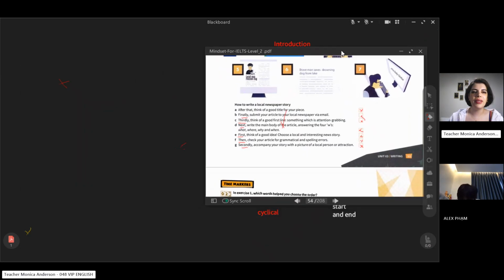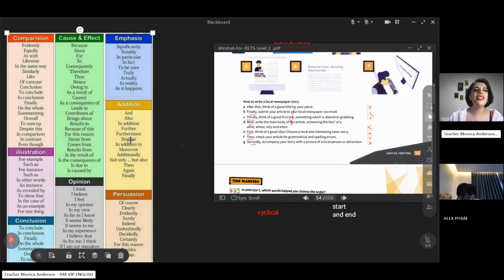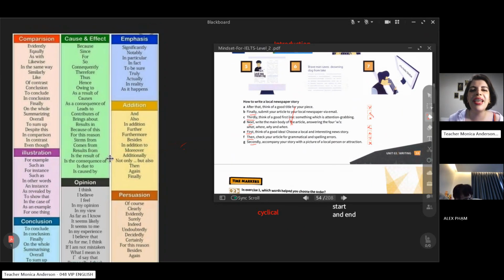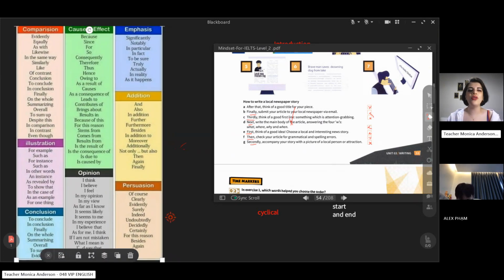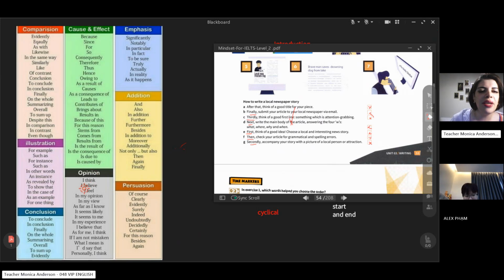Look. As you can see, sequencers, connectors, sequencers. When you want to make your sentences in order, sequenced, you use sequencers. But there are different words for different reasons. For example, when we want to state your opinion, you can use these phrases.